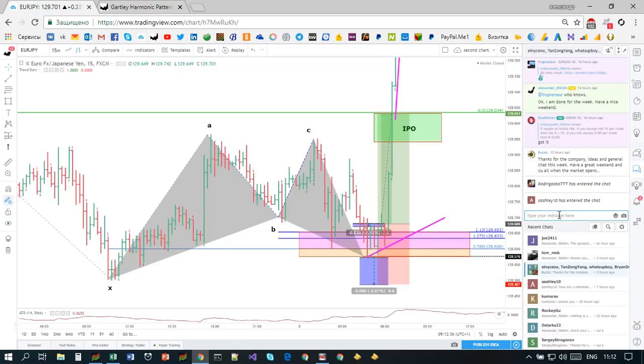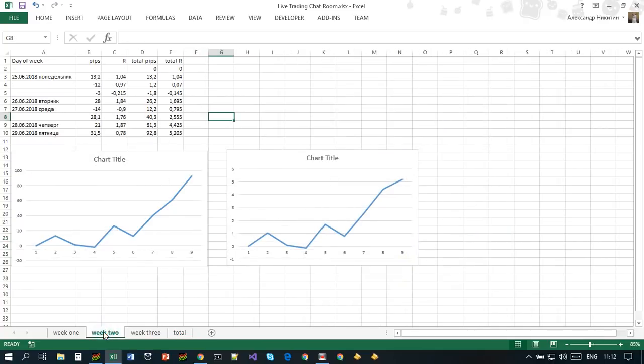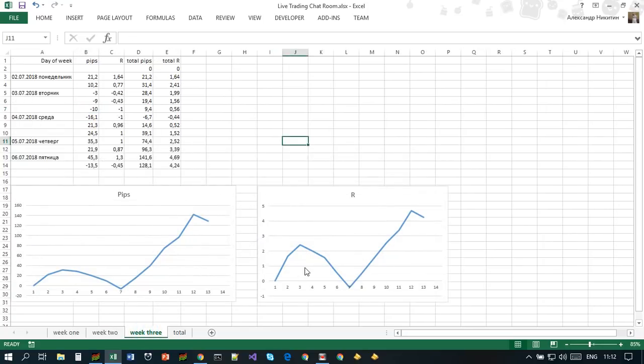Yes, you may face a drawdown when you have a loss after loss after loss, and we had a drawdown here on week 2, I suppose. We had a loss after loss, and then we had another loss, or maybe week 3. Week 3 we had a larger loss. You see, we generated 2.4 R, and then we lost it all and went negative, and then boom, we had this breakout, because we had 4 losses in a row.